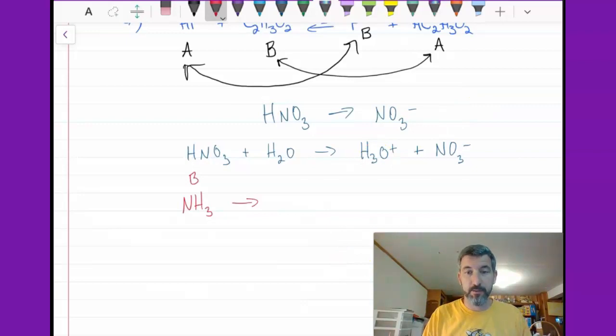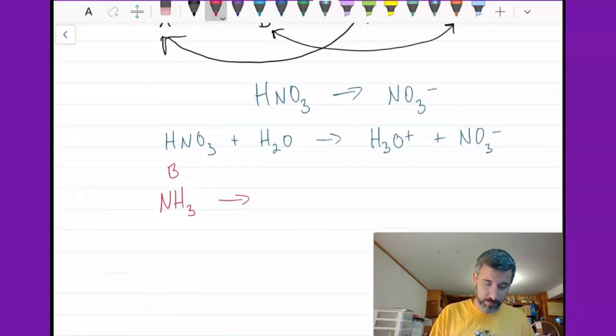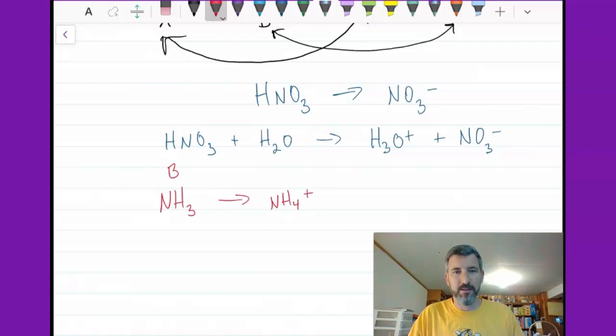Okay, so its conjugate, if it's a base, would just be it after it has accepted a proton, because that's what bases do, right? They accept protons according to Bronsted-Lowry. So if you add a proton, an H plus, don't forget the charge, this is going to be ammonium, NH4 plus.